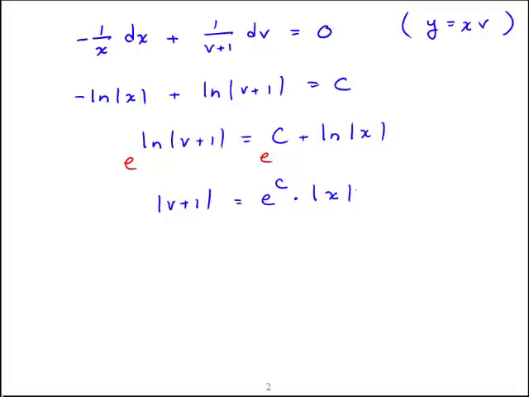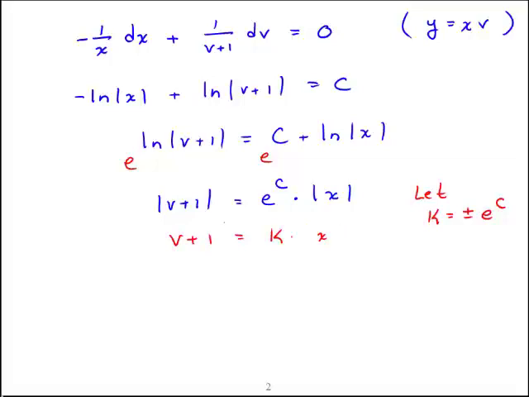To remove both of these absolute value terms, we are going to let some constant k equal plus or minus e to the c. This will allow us to ensure with this substitution that we can remove the absolute values from both sides and not affect the original equality.